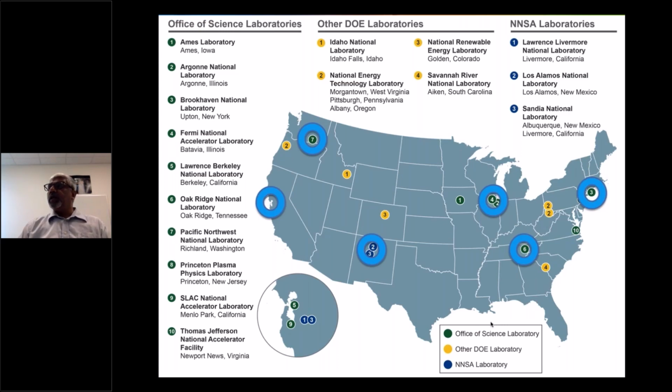Here I show in this map the various laboratories involved in the Department of Energy. As you can see, they are geographically distributed, and so that is a challenge in being able to work together. The workflow infrastructure that we provide should be able to help all these scientists and developers work together effectively and communicate with one another.